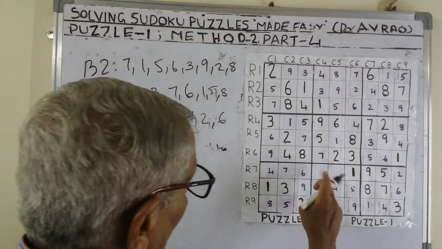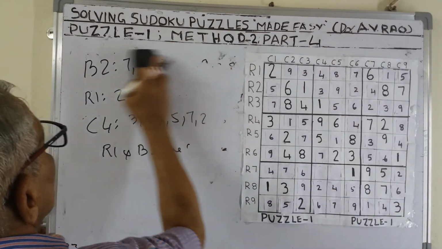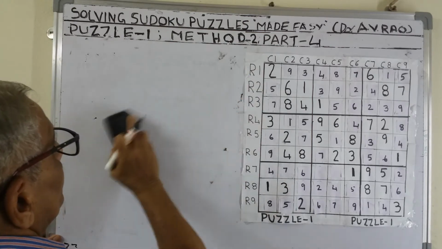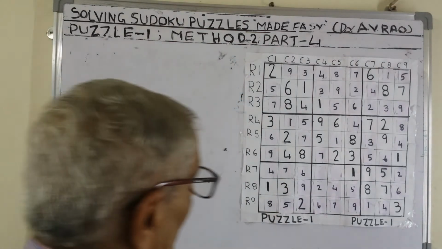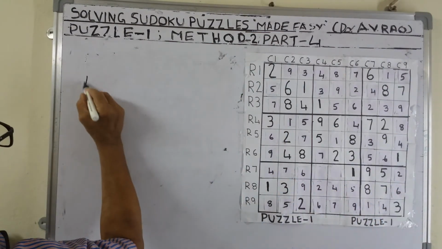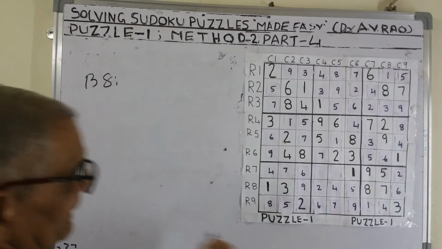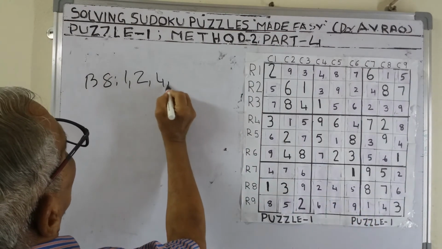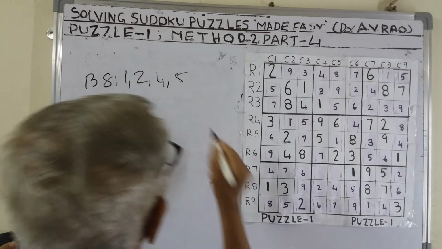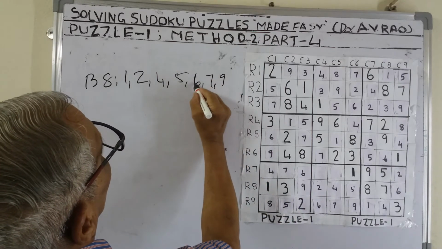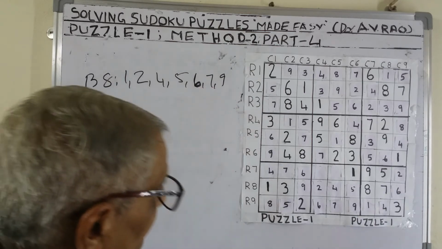Friends, now we are left with only these two cells. This is R7, this is box 8, B8. What are all the numbers? B8: 1, 2, 4, 5, 6, 7 and 9.